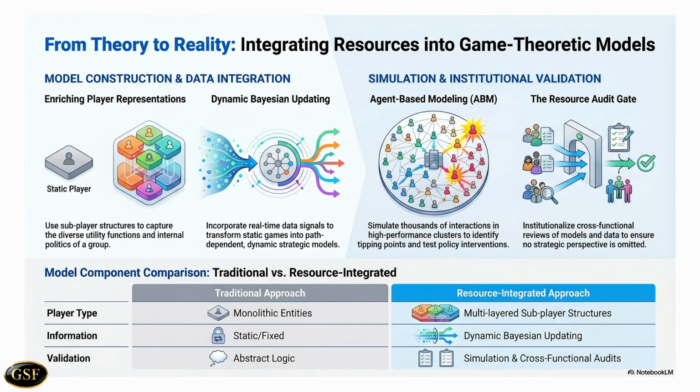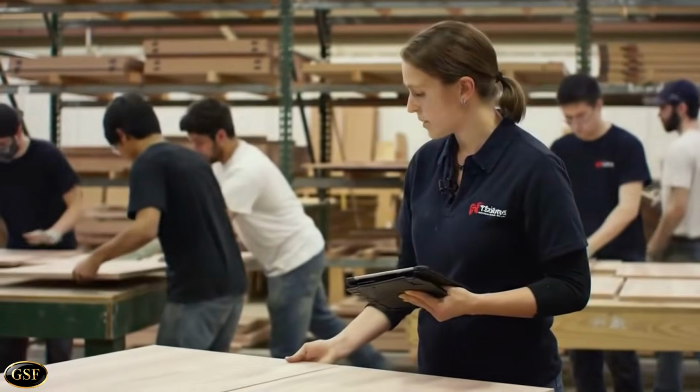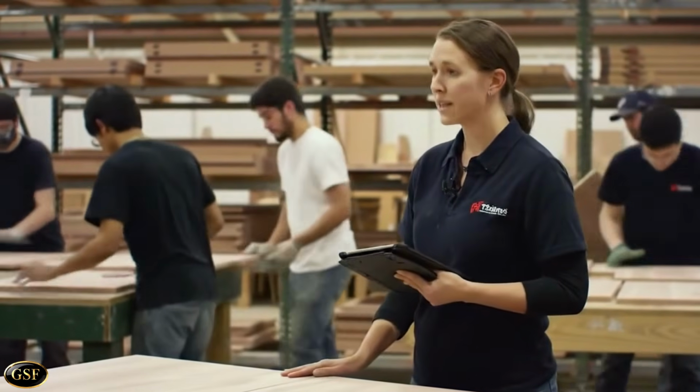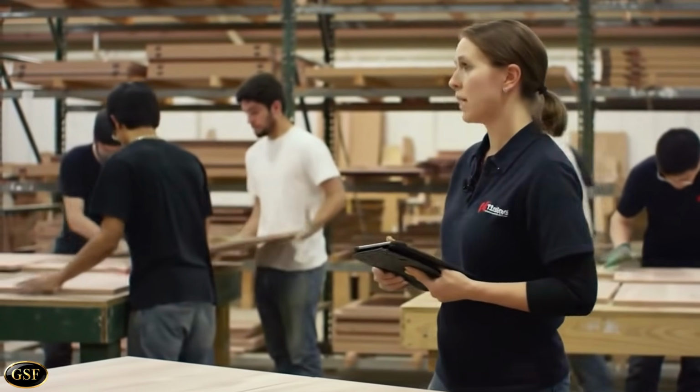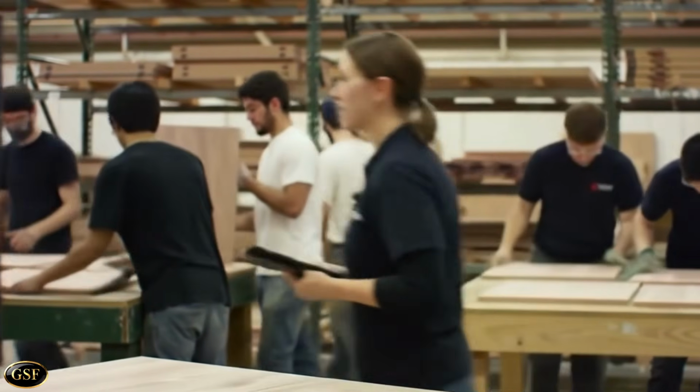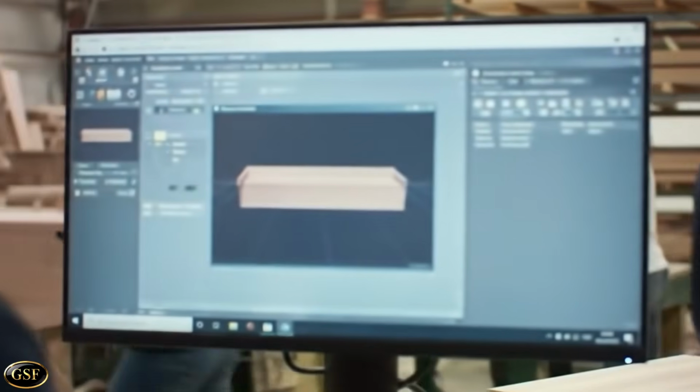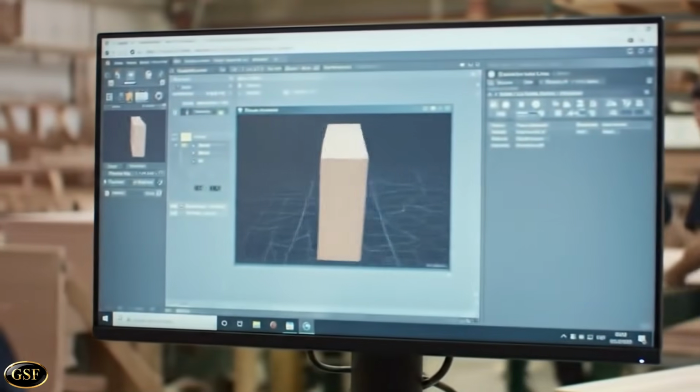Enriching player representations. Traditional models treat players as monolithic entities. To incorporate gender diversity, we can create sub-player structures. For instance, in a bargaining game between a multinational and a local union, the union can be modelled as a coalition of sub-players: male skilled workers, female skilled workers, male semi-skilled workers, and female semi-skilled workers.